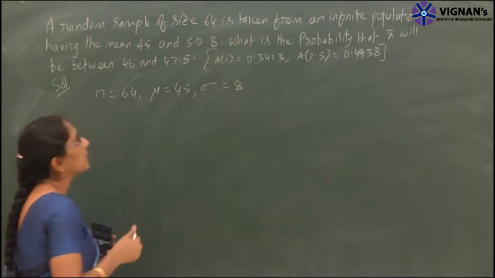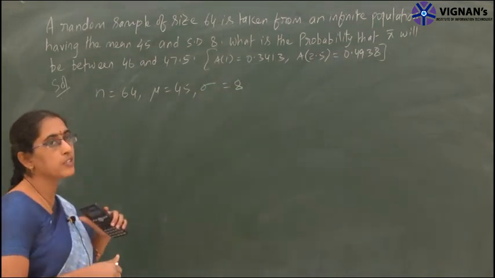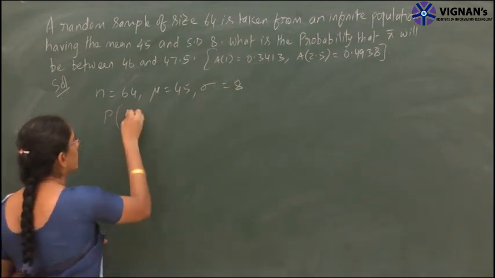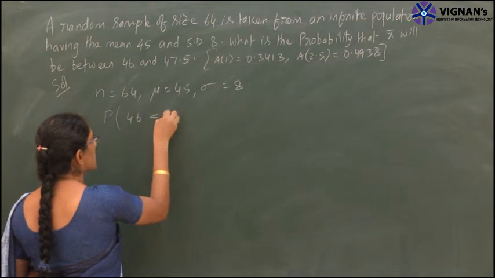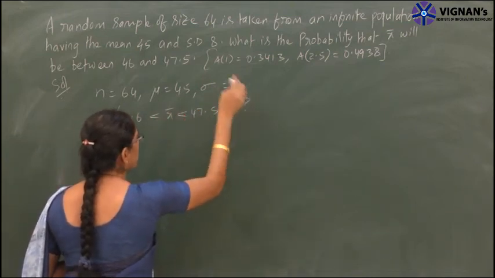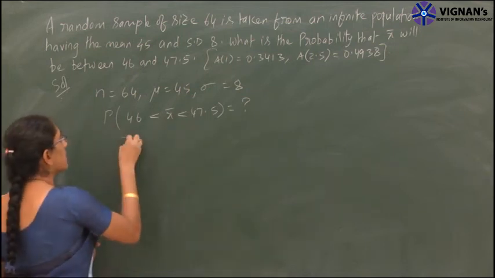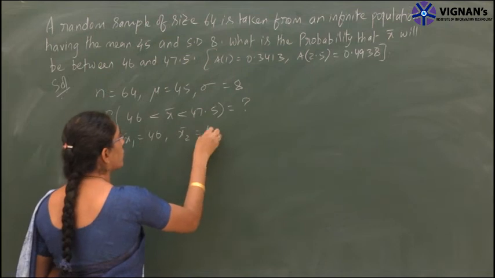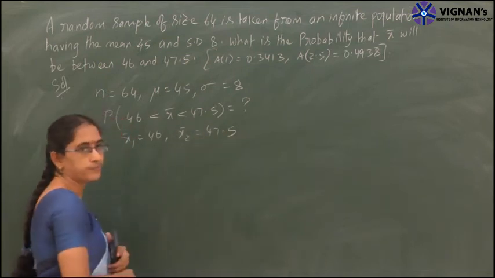What is the probability that x bar will be between 46 and 47.5? That means probability of 46 less than x bar less than 47.5 we have to find here. So that means here x1 bar is 46 and x2 bar is 47.5.